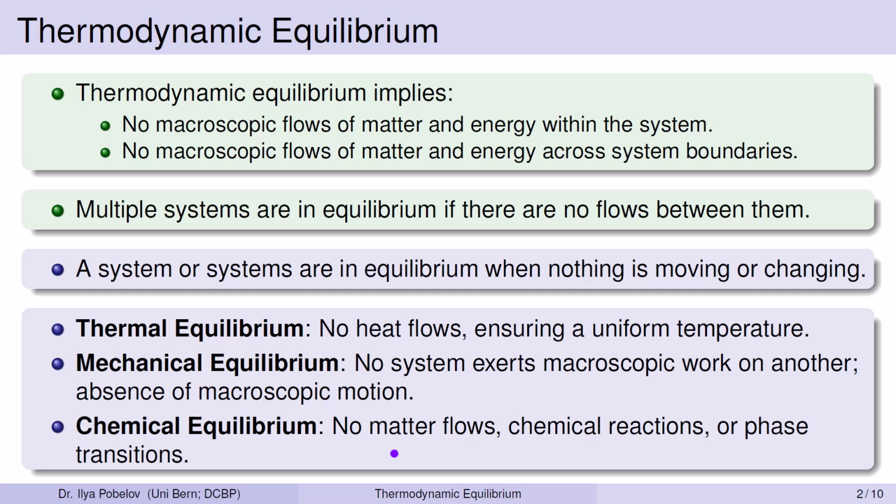While classical thermodynamics might primarily define chemical equilibrium by the lack of matter flows, it is essential to recognize that chemical equilibrium also includes the absence of chemical reactions or phase transitions. Simply put, if there is no physical movement or chemical reaction of matter, the system is in equilibrium.